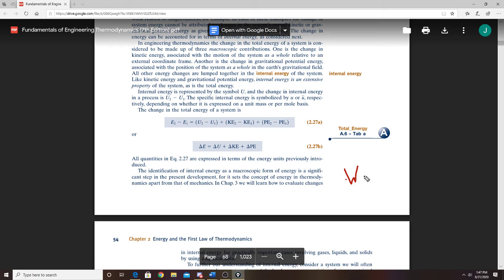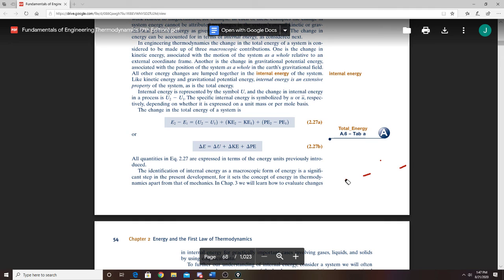It goes work minus heat is equal to U2 minus U1. So essentially the internal energy of the system is a representation of how much work or heat transfer has been put into it.